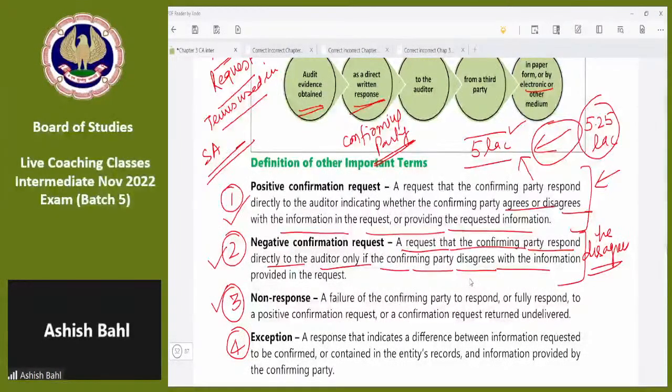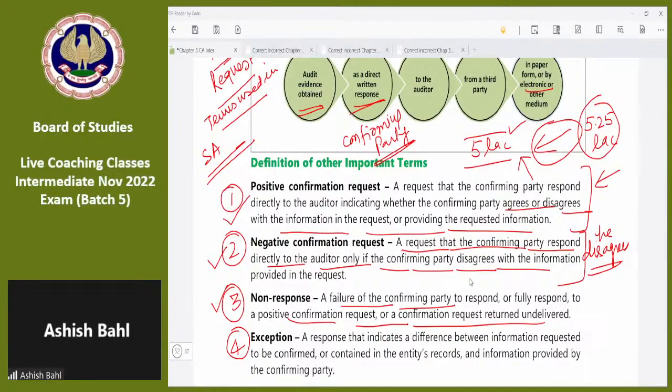I have sent a positive confirmation request asking whether you agree or disagree, please inform me. But the other party chooses not to respond. No response.